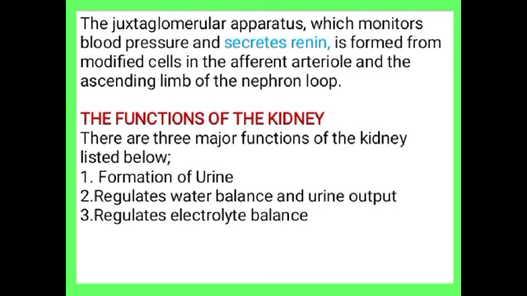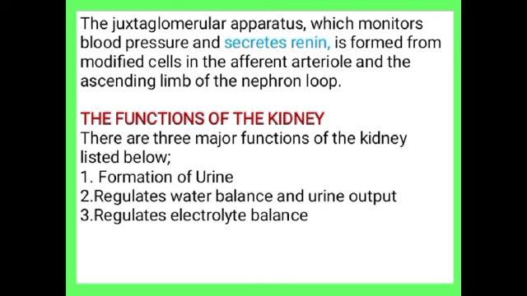This renin is secreted by the modified cells of the juxtaglomerular apparatus. So you'll be asked, what is the juxtaglomerular apparatus? You need to be able to describe what this apparatus is. It is an apparatus made of modified cells of the glomerulus, so as to maintain the blood pressure.